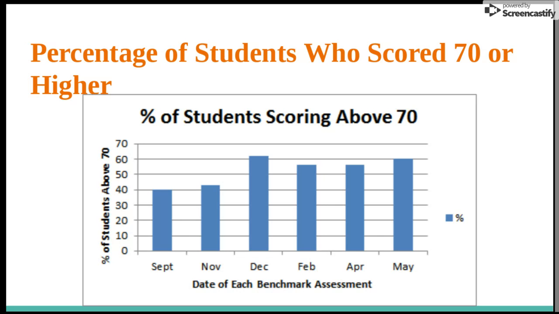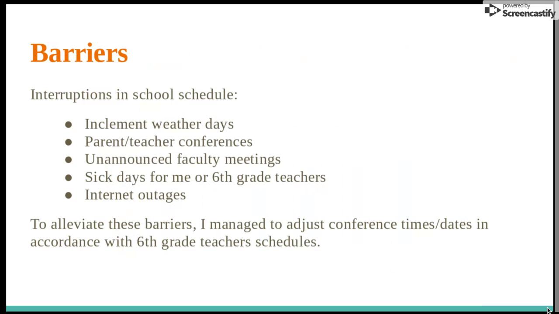Like with the average score, on the February assessment we saw a post-holiday decrease of students scoring 70 or higher, which dropped to 56%. However, the April and May scores climbed to 60% and 64%, respectively, of the students who scored a 70 or higher.